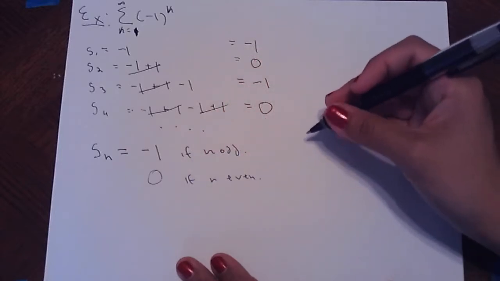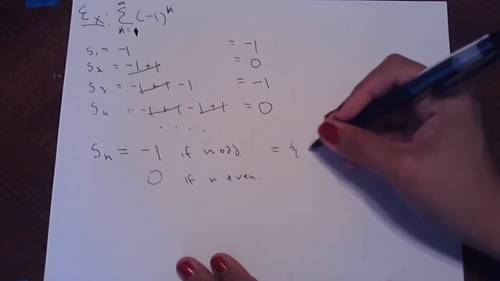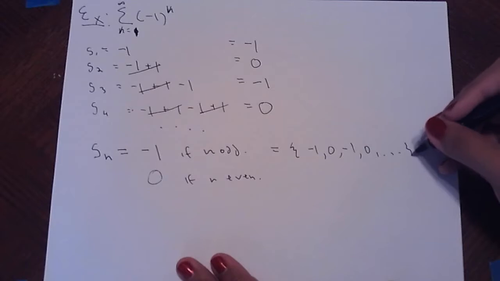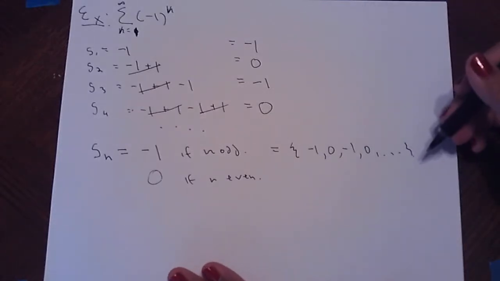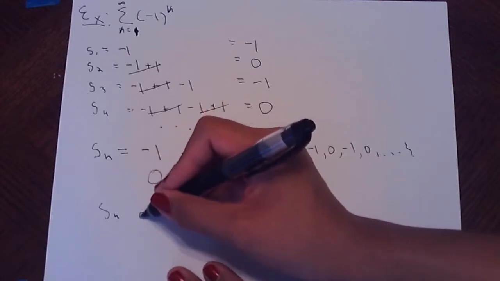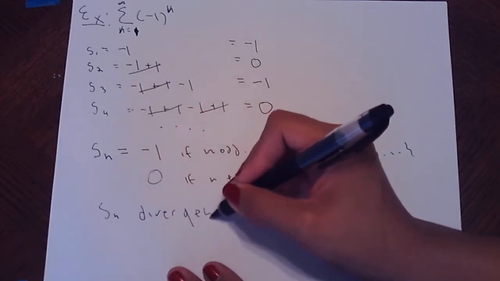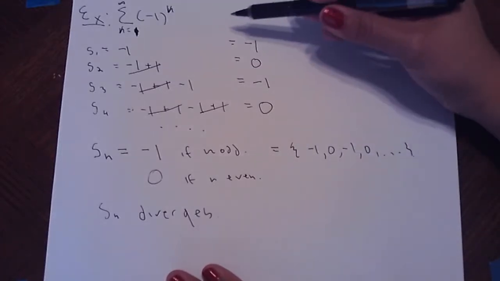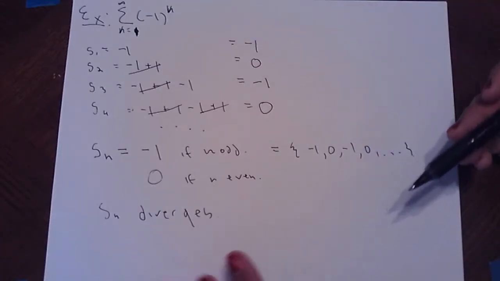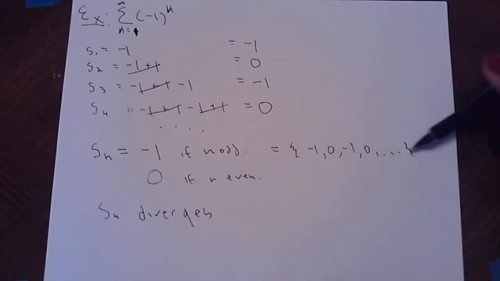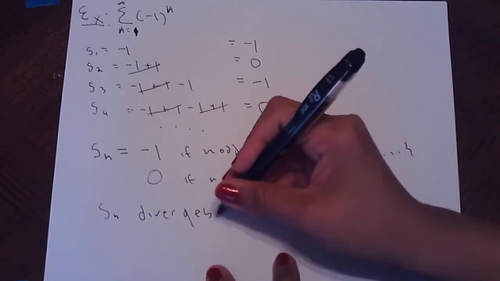So this sequence is basically minus 1, 0, minus 1, 0, etc., and it alternates just like the original one does. So if I want to look at the fact that Sn diverges, it diverges very much for the same reason that the sequence we're adding up diverges in the first place. We're never honing in on a particular number. We're always balancing back and forth between two numbers forever. Since we never close in on a single thing, this guy diverges.